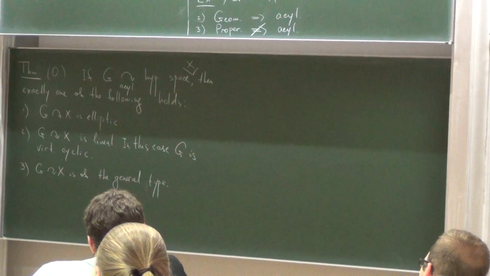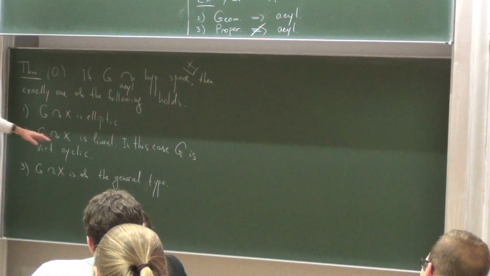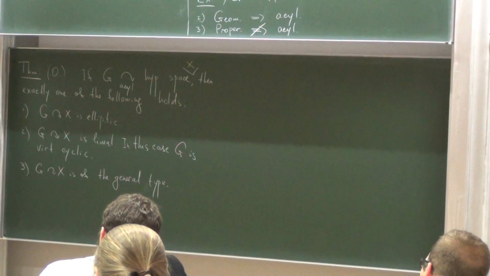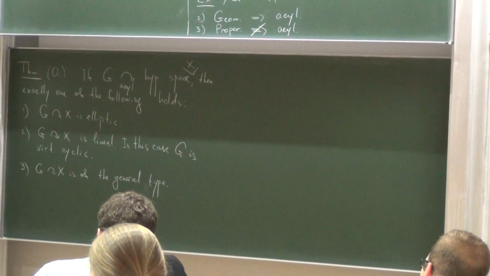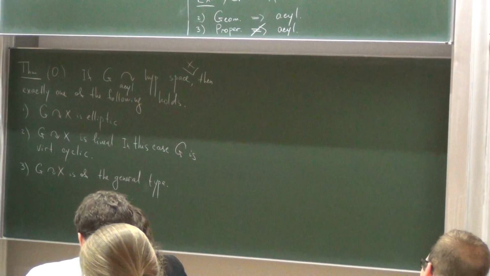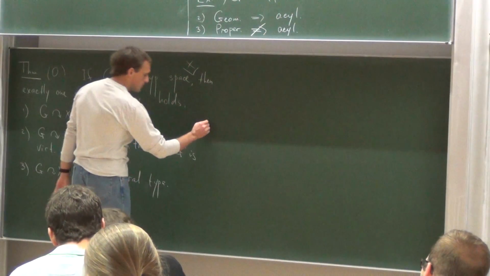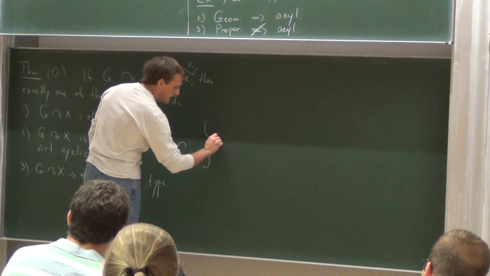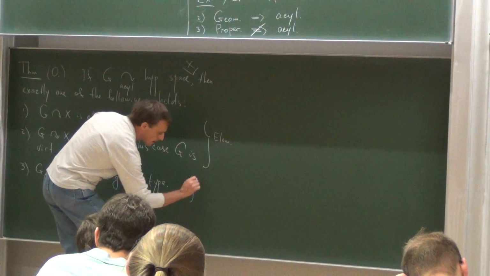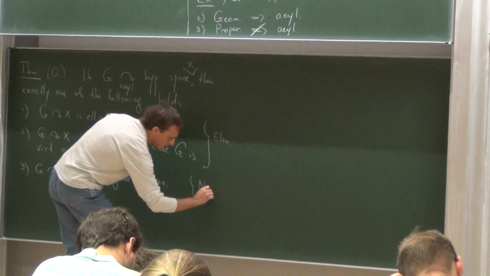The second observation is that in case of the lineal action, we do have the same characterization as in case of geometric actions. Only virtually cyclic groups can have this sort of action. So the first two cases correspond to elementary actions, and this case is non-elementary.